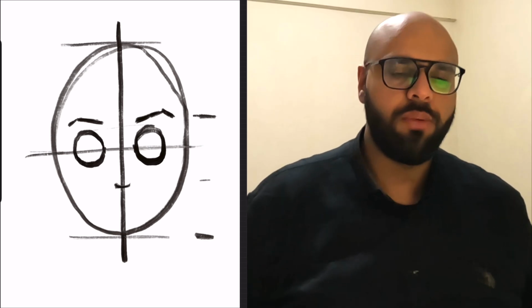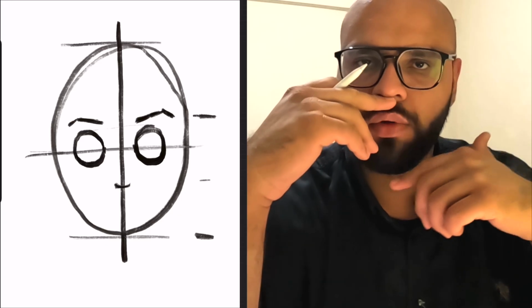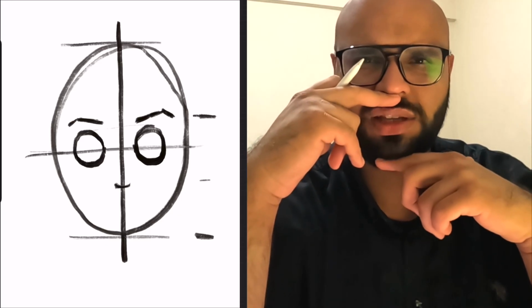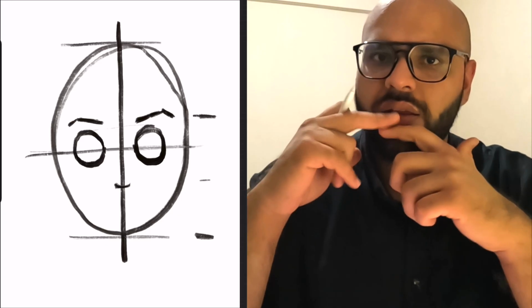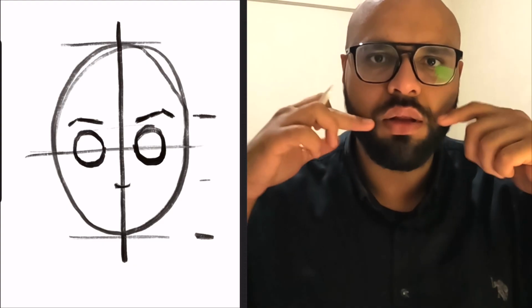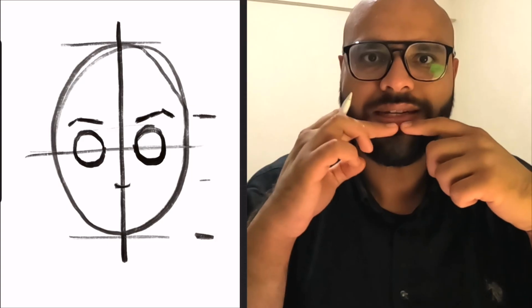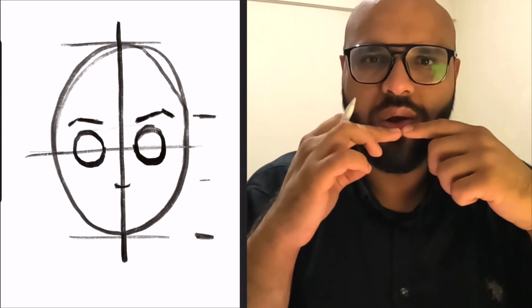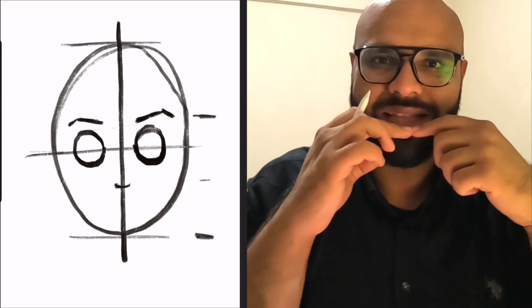Now, one thing many people say is that the mouth is the middle way between the bottom of the nose and the chin, which is not exactly correct. We have something called the chin as well. The middle way between here and here would be here. So here is sort of the lower lip, or the line can cut it.